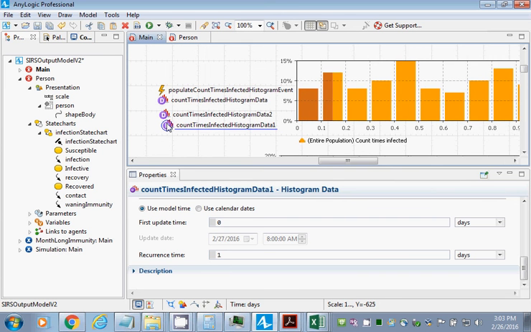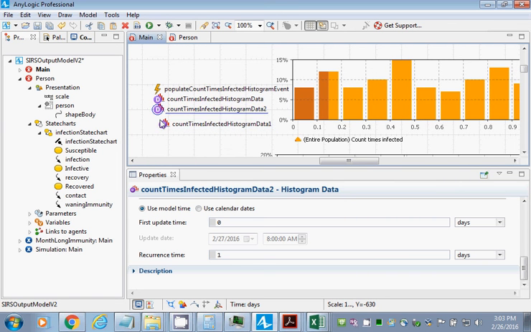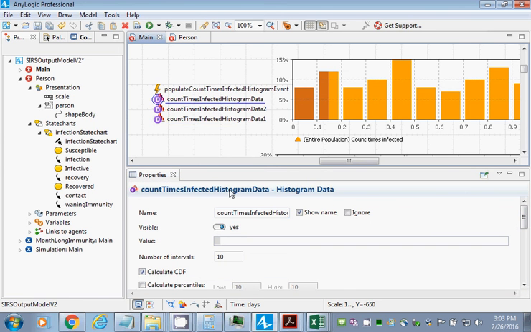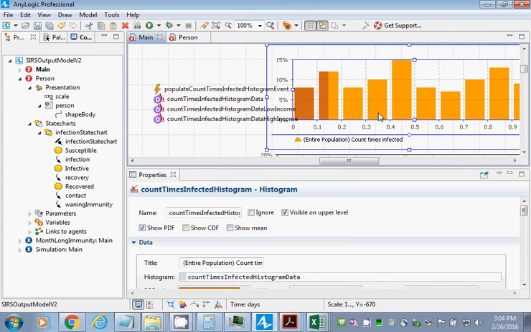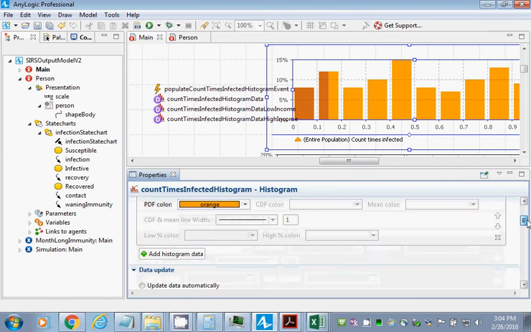Now, for this count times infected, ladies and gentlemen, we are going to add in histogram data, and we'll make it low income. We see here we did title entire population count times infected. Now we'll do low income count times infected, and this is going to be count times infected low income.